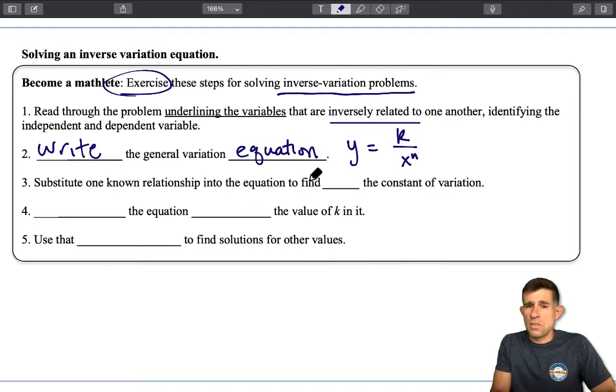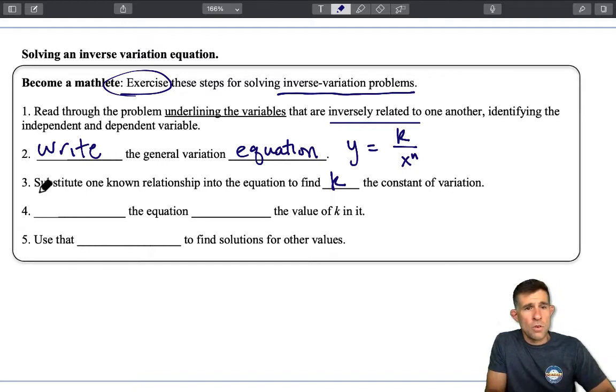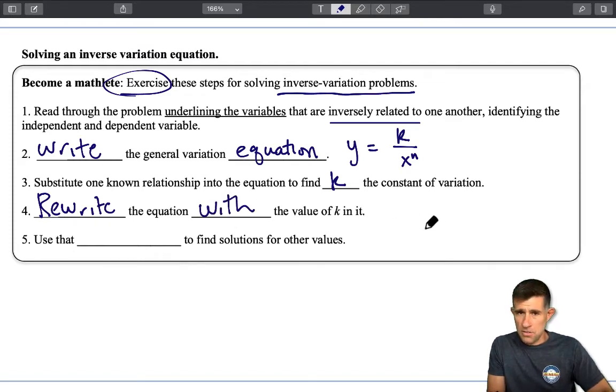Substitute one known relation in to find the value of k, the constant of variation. Then you're going to rewrite that equation using the constant of variation, and then use that to model, to find solutions for other values of your independent variable.